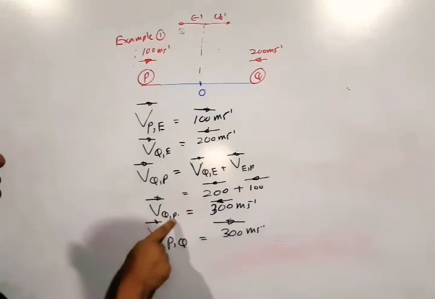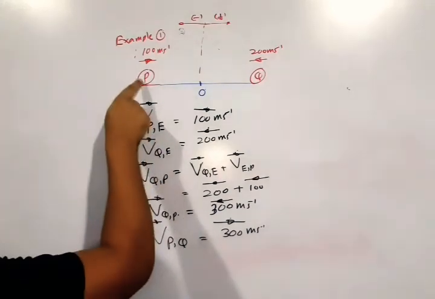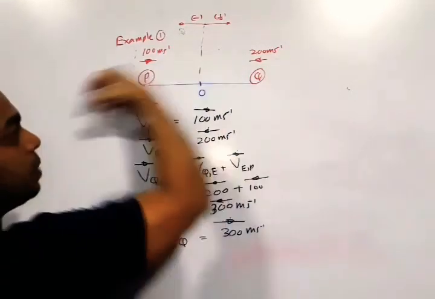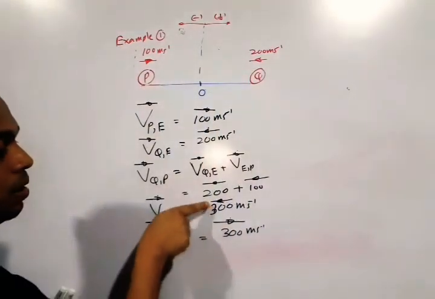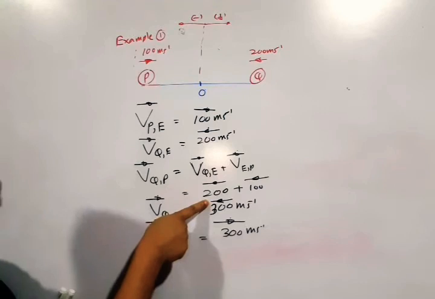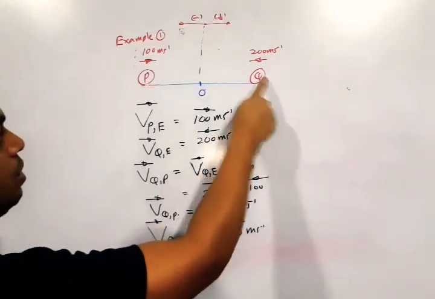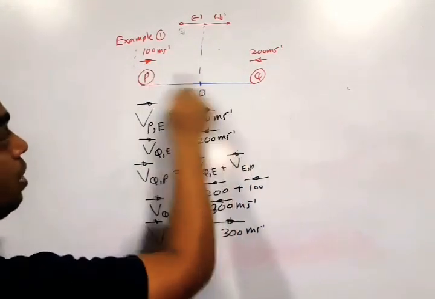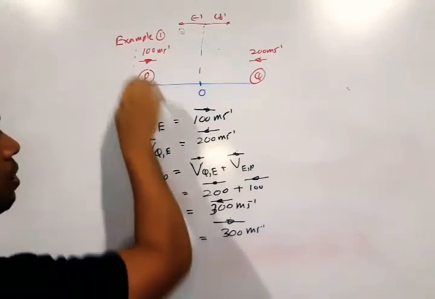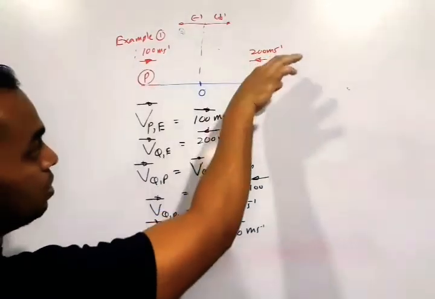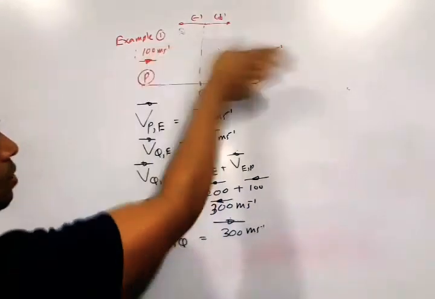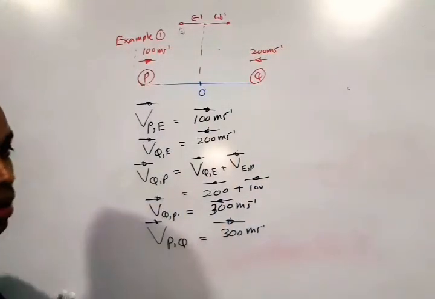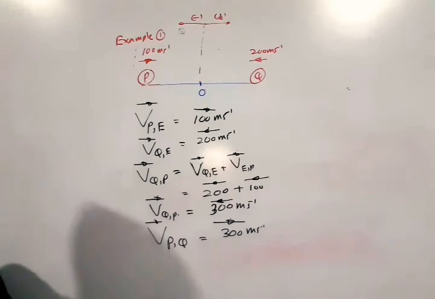Velocity of Q with respect to P: if you are at P, you would see that Q is coming towards you, and that is represented by this vector. If you are at Q and you are observing P, then you would see that P is coming towards you in this direction, right side. So this is represented by this arrowhead. See how simple this is.